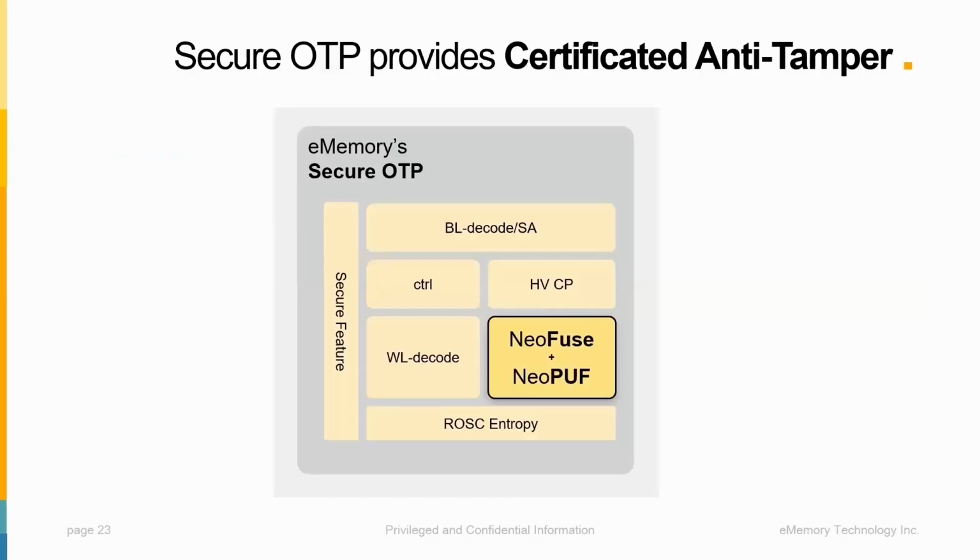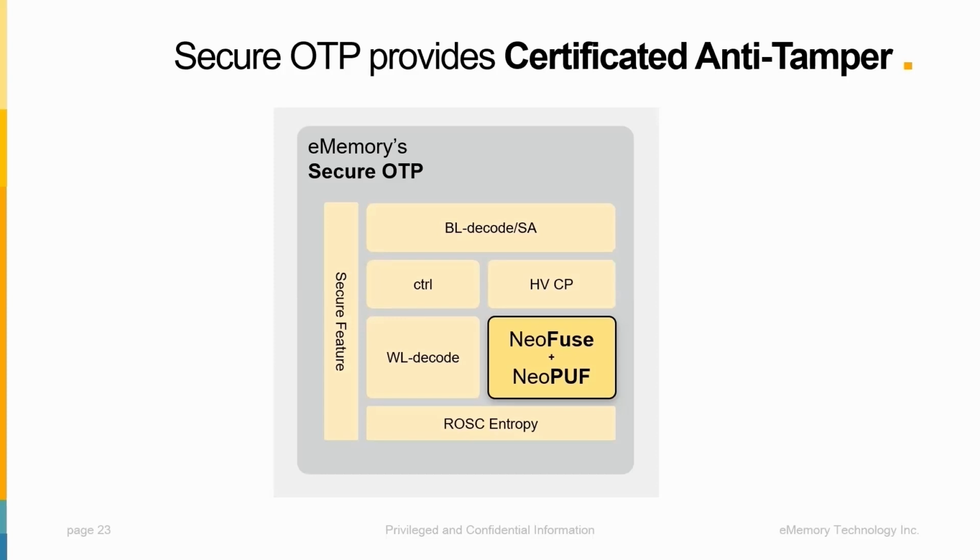Let's take a closer look at the secure OTP. We can see that it has NeoPUF embedded in the NeoFuse architecture, demonstrated in the array region of the IP block diagram. The PUF code from NeoPUF cells can be used to generate device-specific IDs or digital keys while also providing reference for data address scrambling.